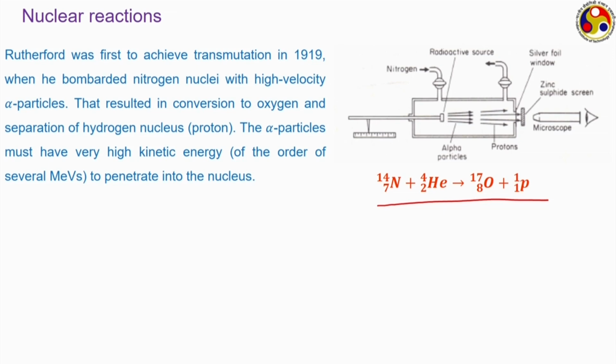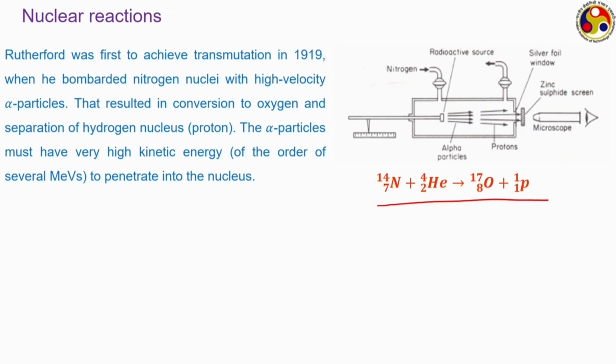Another point to note here is that Rutherford used a helium nucleus, that is an alpha particle, to break apart the nitrogen nucleus. Now, an alpha particle, if you remember carefully, comprises 2 neutrons and 2 protons. Therefore, it is also positively charged, having 2 units of positive charge. Now, we are trying to break the nitrogen nucleus, which has 7 protons and 7 neutrons, so that is also carrying a strong amount of positive charge.